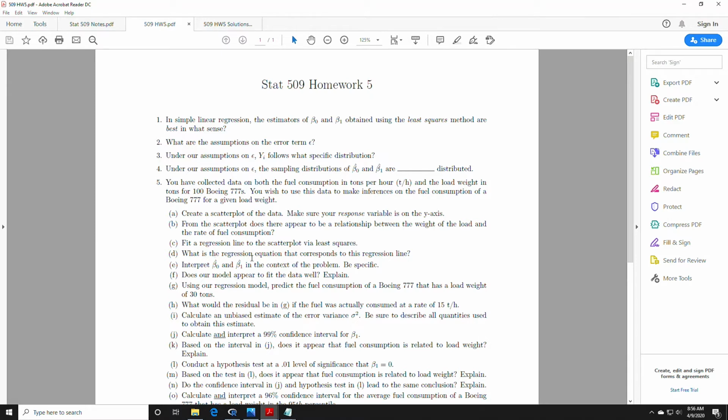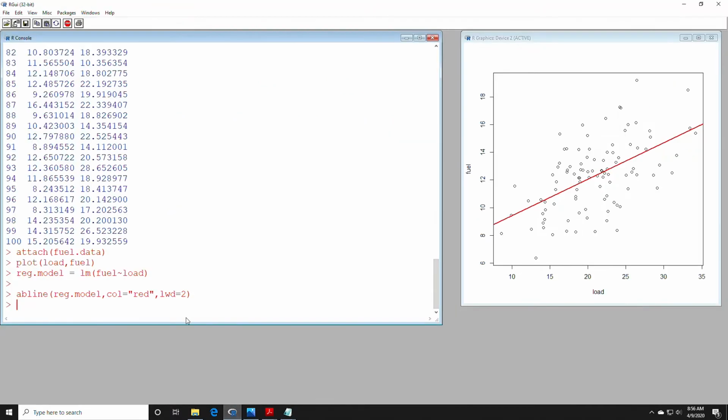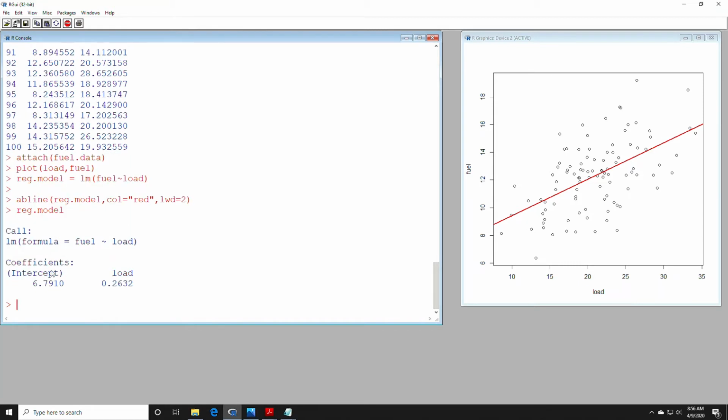What is the regression equation that corresponds to this regression line? Okay, so we called our model reg.model, our linear regression model, so let's just type that in. And we can see that beta naught hat is this, and beta 1 hat is this.